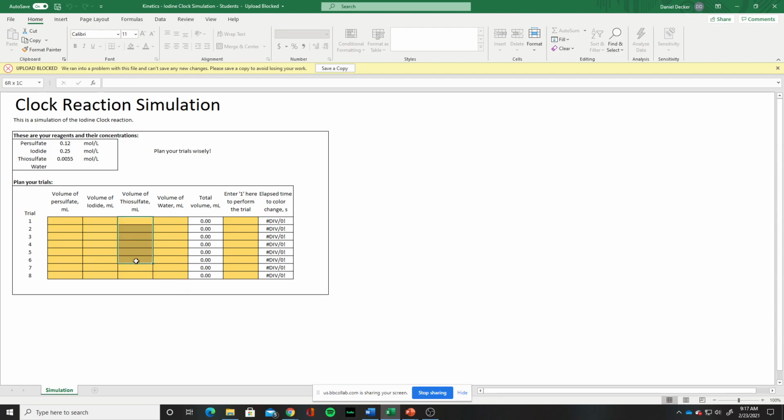The thiosulfate actually will be the same each time, because again, I suggested that you make it the same each time. And if you remember, I said technically you don't have to make it the same each time, but you're just going to make the math harder on yourself. That's what I was referring to. If you wanted to have it different, you could. You just have to do a whole extra dilution equation for each one. If it's the same each time, you just have to do it once and then fill them all in.